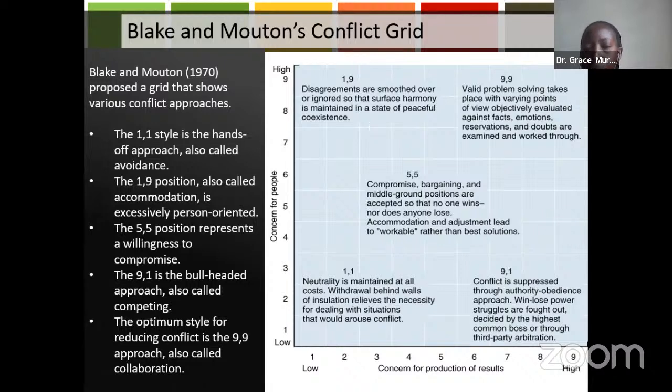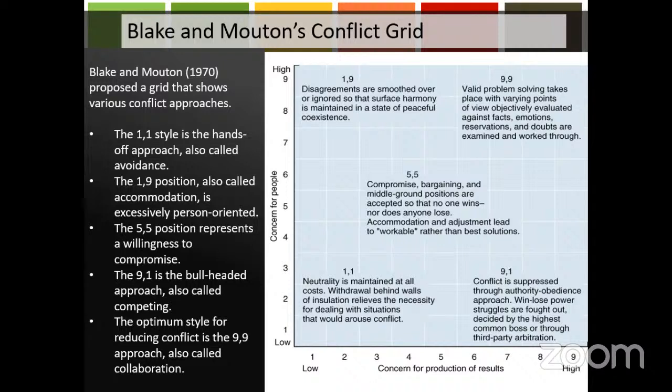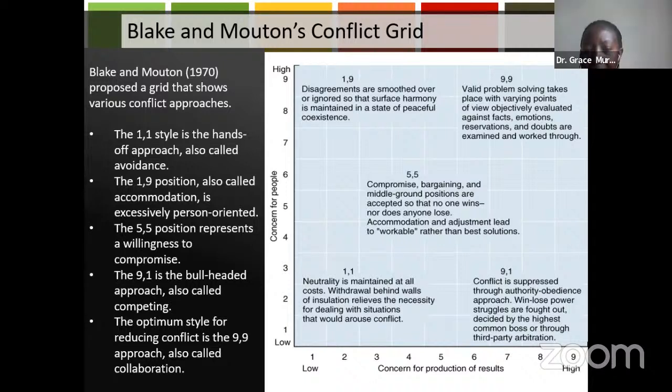So we're saying that as a manager, when you are dealing with conflict, because conflict is about people, you cannot avoid worrying about the people, the concern for people.